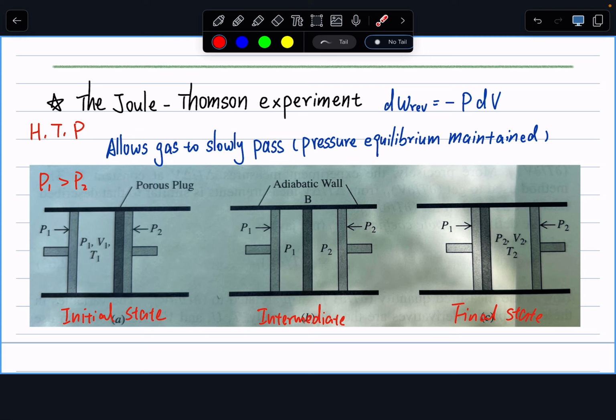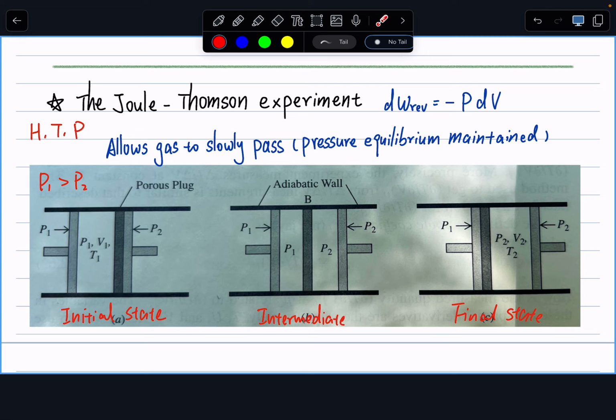Or we can write W right equals the same equation, but negative P2 dV. But now the final volume is V2 and the initial volume is 0. So that's V2 to 0. That's negative P2 times (V2 minus 0). And that is negative P2 V2.